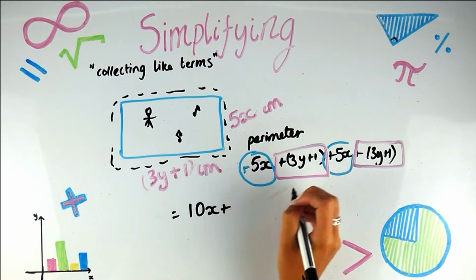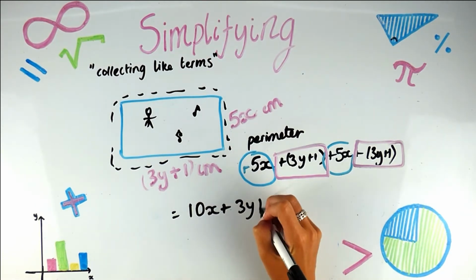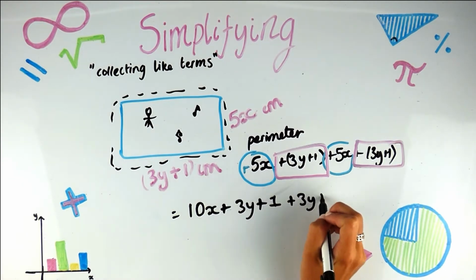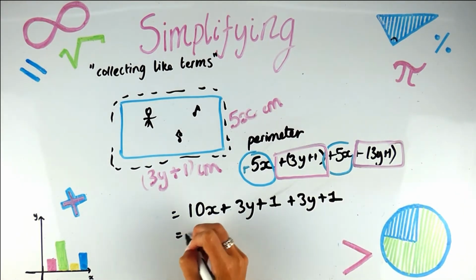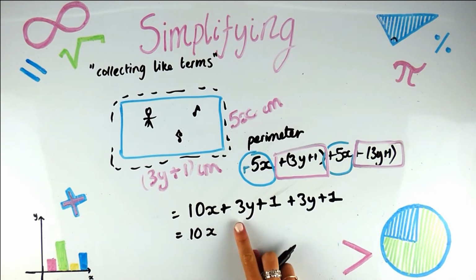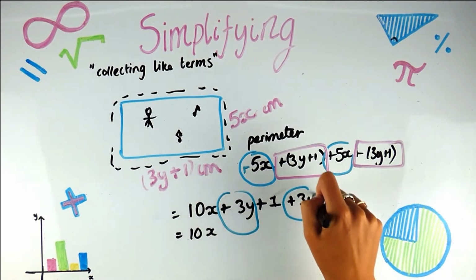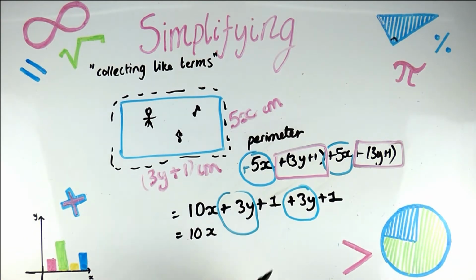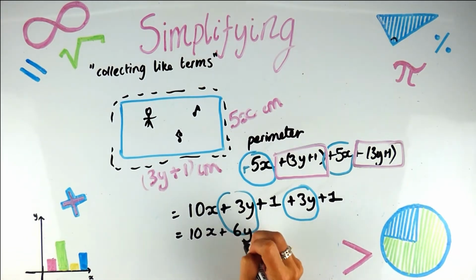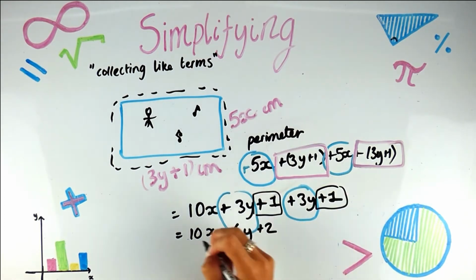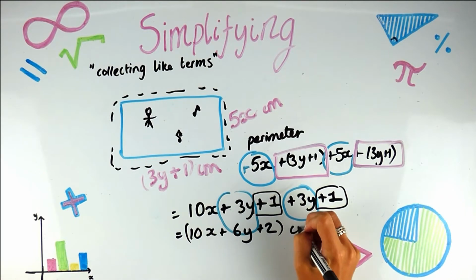We can now get rid of the bracket because there's nothing on the outside except positive 1 to multiply it by, so it's going to be the same. Now we've got y's. So 3y plus 3y is 6y, and plus 1, and then that is centimetres.